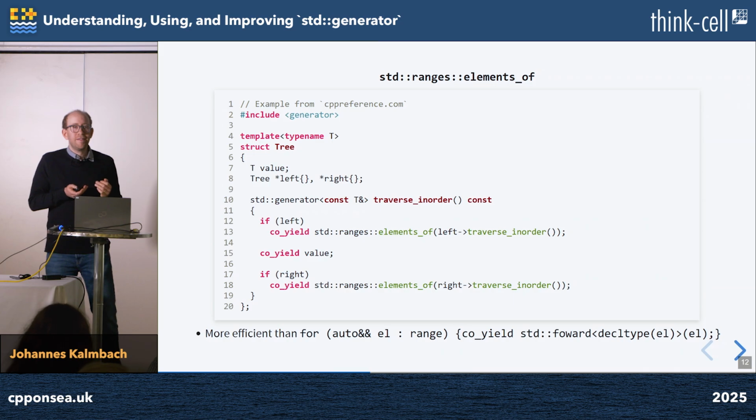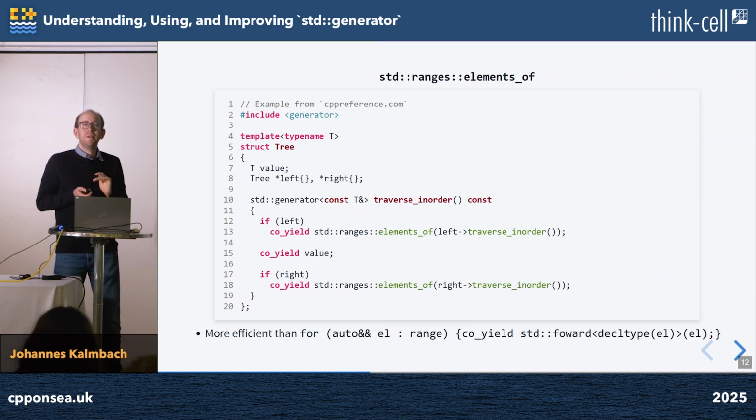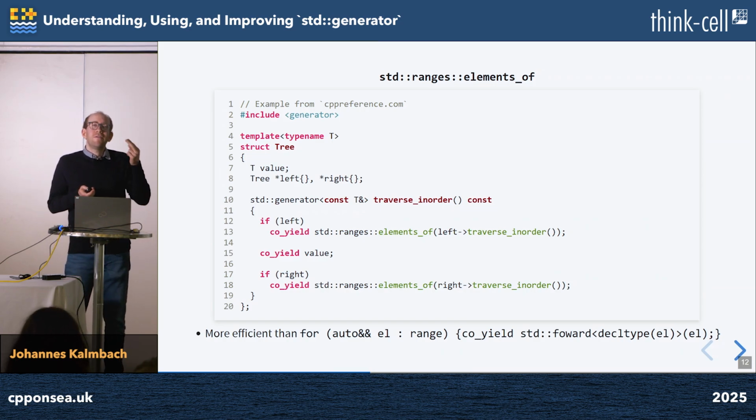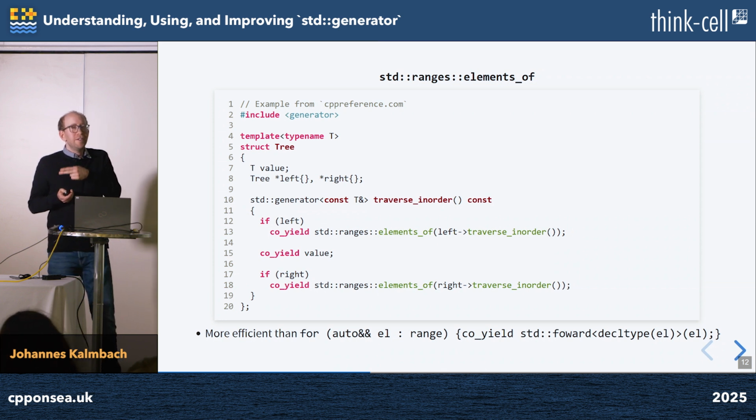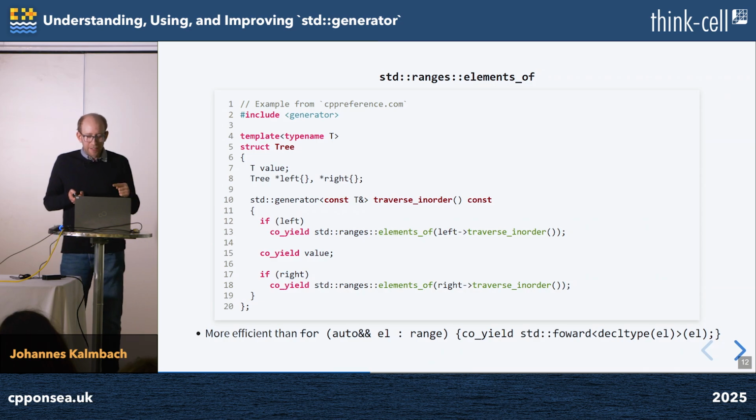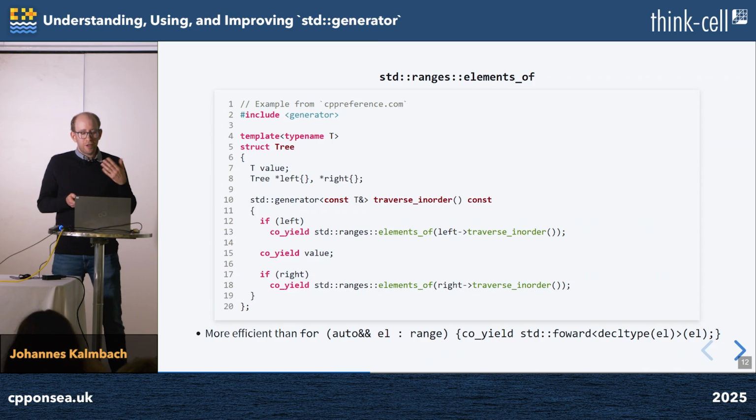And the reason why that is there is that it's a little bit more efficient if you have deep recursion, because then when you need to get the next value, the generator does not have to first go down all the recursive stacks where you currently are in the range that you are recursively yielding, but it can basically jump directly to your inner level. But that's something that you can look up in detail yourself. The CPP reference, for example, explains very nicely how internally this is done.